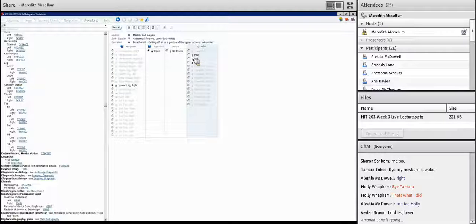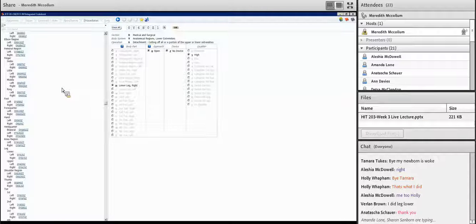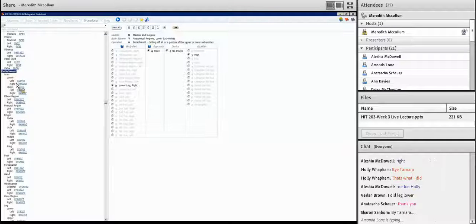So the high is because it is up closer. So that's how you find it on that one. So here is where it becomes a more generalized area with amputations. That's kind of, it's a generalized region.